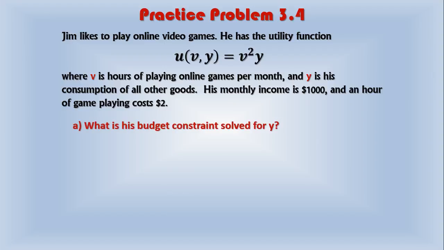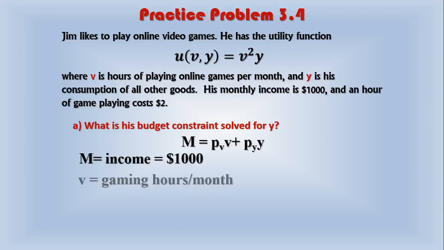So what is his budget constraint solve for y? So again, you just think about all the information you've been given. You just kind of organize what you have and then throw it into the expression for the budget constraint that you understand. We've got income to be $1,000. We've got V is gaming hours per month. So that's the good that he consumes.